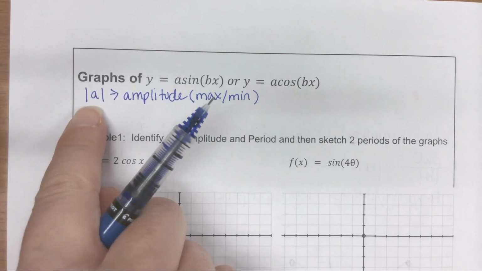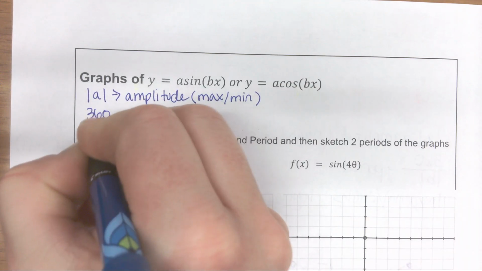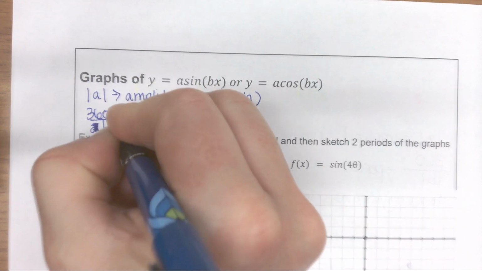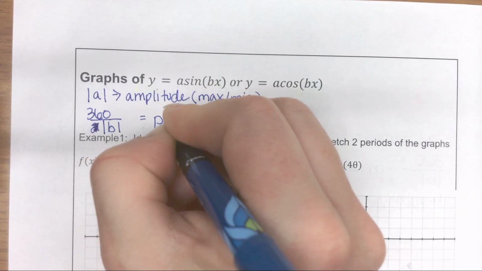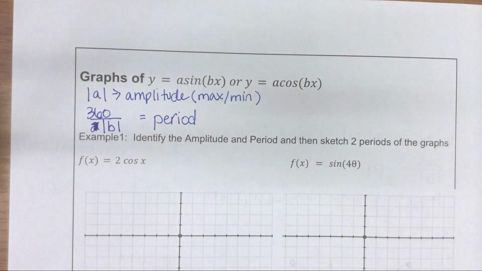And to figure out the new period, I'm going to take 360 divided by the absolute value of B. That's going to give me my new period. What if there's nothing in the place of B? Well, then the period would stay at 360.